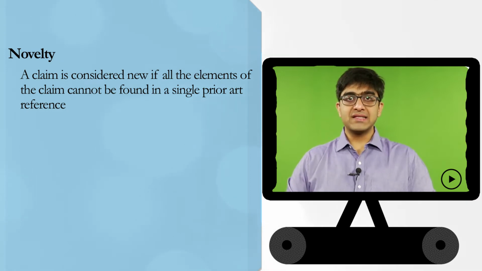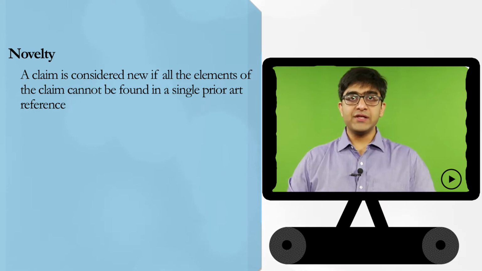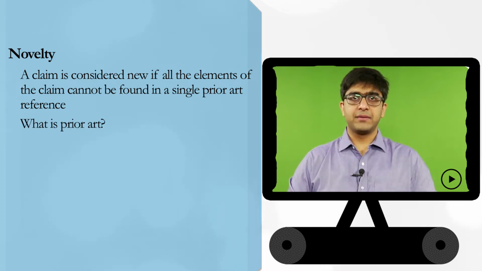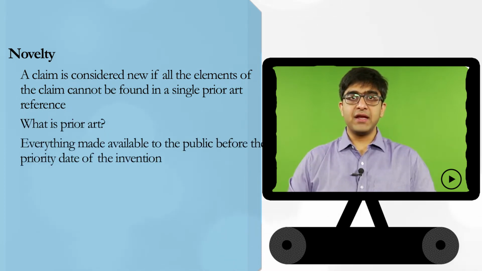A claim is that portion of a patent which describes the boundaries of the invention that the patentee is seeking to protect. Similarly, prior art is everything which is made available to the public before the priority date of the invention. To understand the concept of priority date, you could see section 11 of the Act.